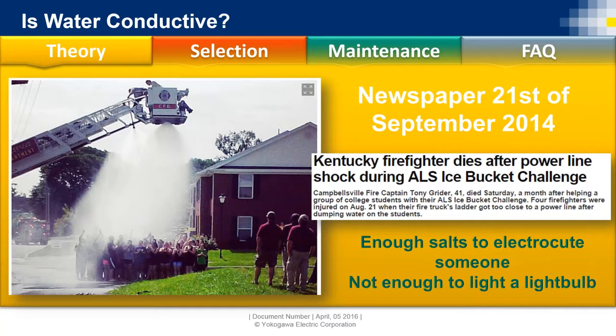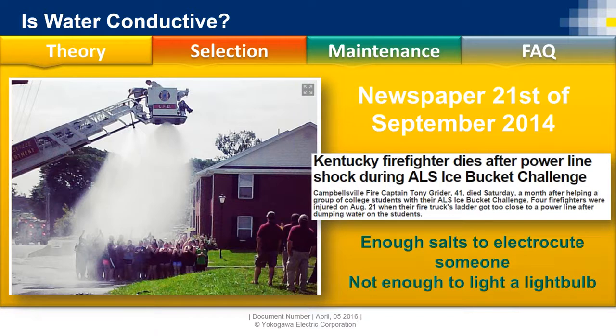But one thing we have to take a moment and think about, not just from a safety standpoint: this is a snippet of, does anybody remember that ALS ice bucket challenge that went around in 2014, 2015? Even our tap water out of our fire hydrant has ions present. So we have to be cautious when we take water around electric devices that have electricity running through them.